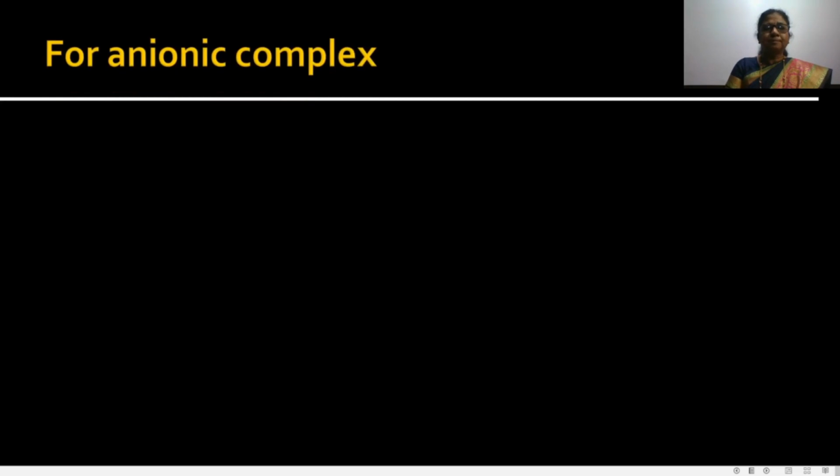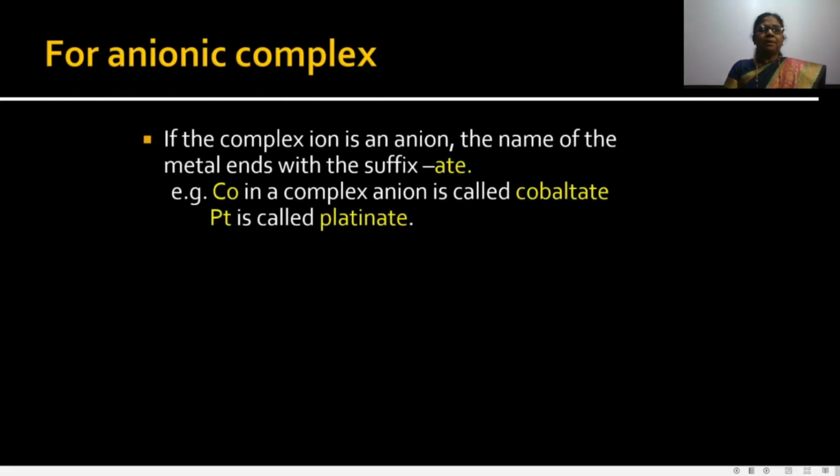Now see anionic complexes. If the complex ion is an anion, the name of the metal ends with the suffix "ate". In the last rule, you know that in anionic complexes the metal ion takes the suffix "ate".